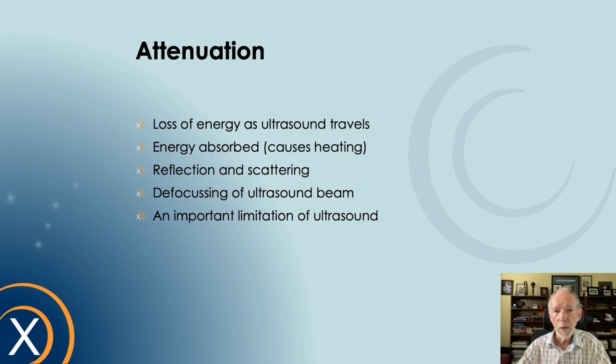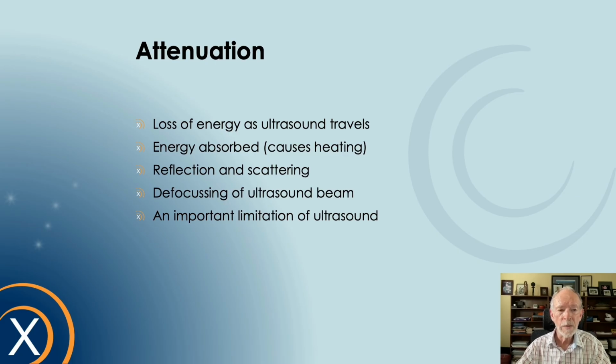Now, some of the other things that can cause attenuation of the ultrasound are the reflection and scattering of the ultrasound as it travels through the tissues. We'll be looking at these shortly, since they're the mechanisms that produce the echoes which the machine uses to create the image. So some energy is reflected and scattered as the beam is traveling, and of course that energy is then lost from the beam, and so the beam becomes weaker.